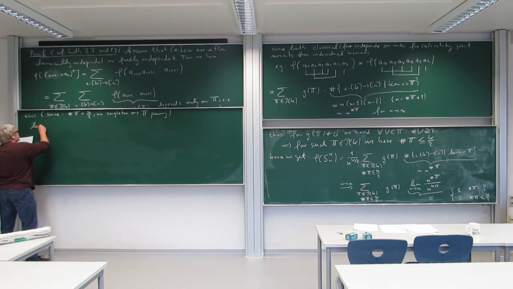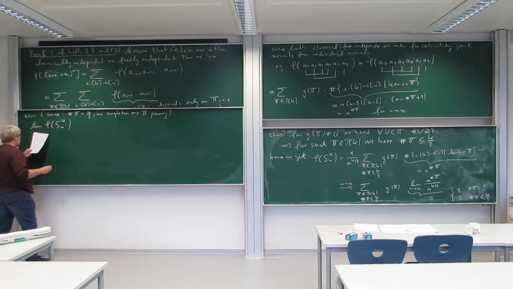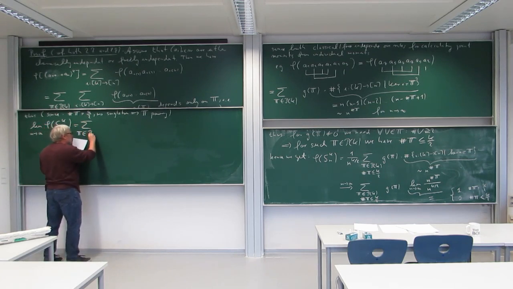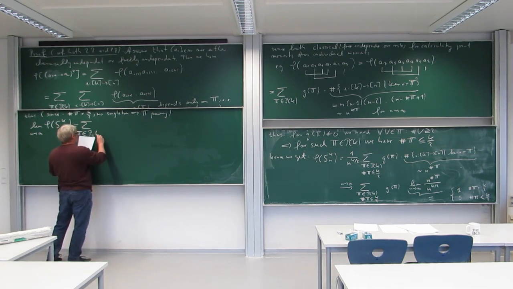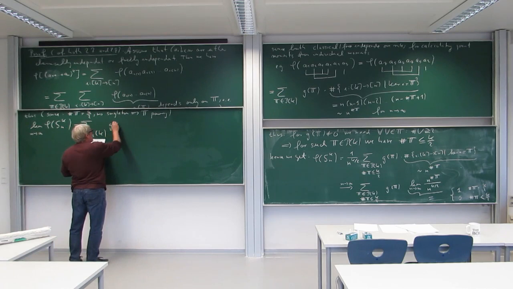So what we get is that the limit of phi of Sn to the power k, n going to infinity, is given by summing over pairings, and I denote them by putting the 2 as a sub-index to p of k. So this is p sub 2 of k, and then I get a contribution g of pi.